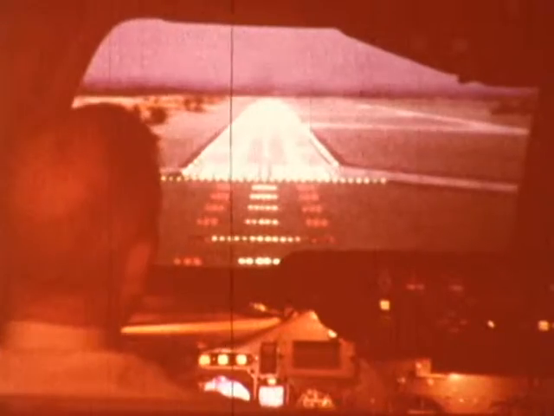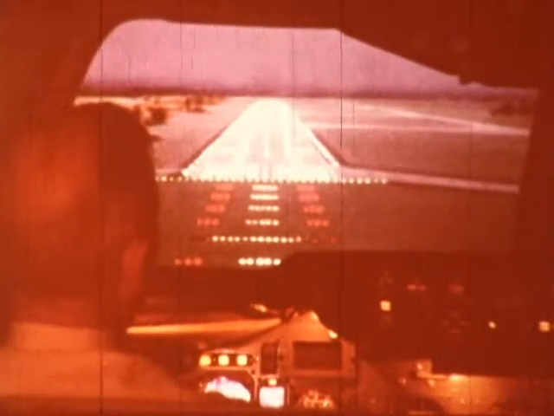We are right over the 1,000-foot bar. The visibility is now reduced to RVR 2400. If a pilot is able to see this light pattern following breakout, he may proceed down to a safe landing.